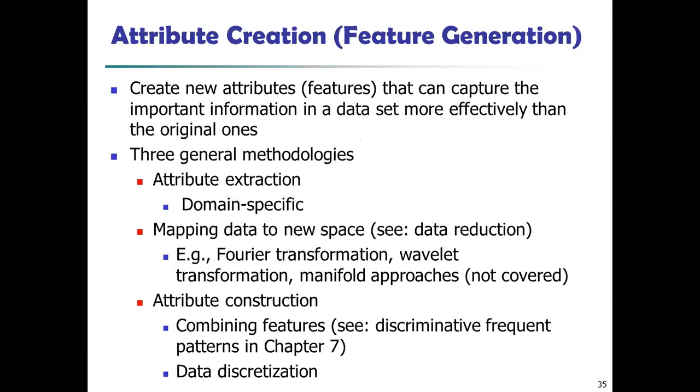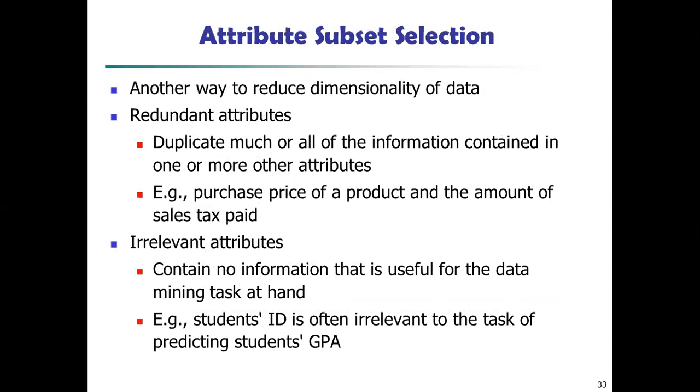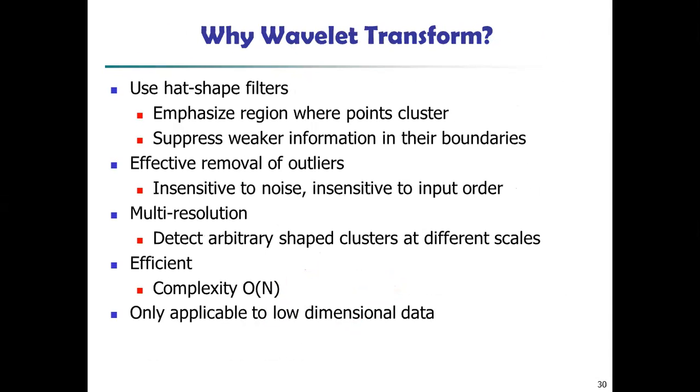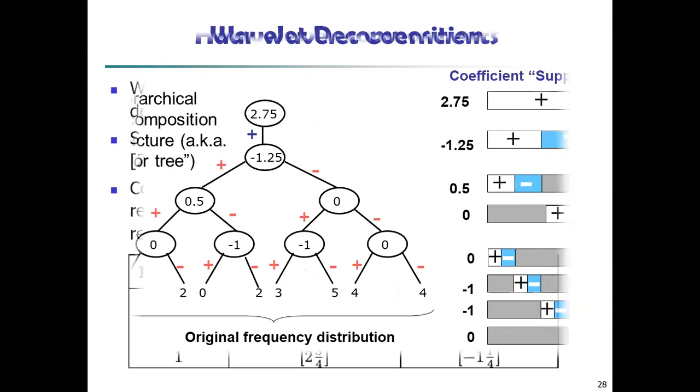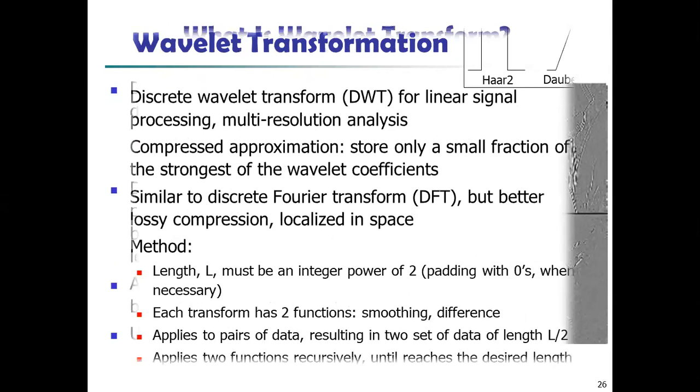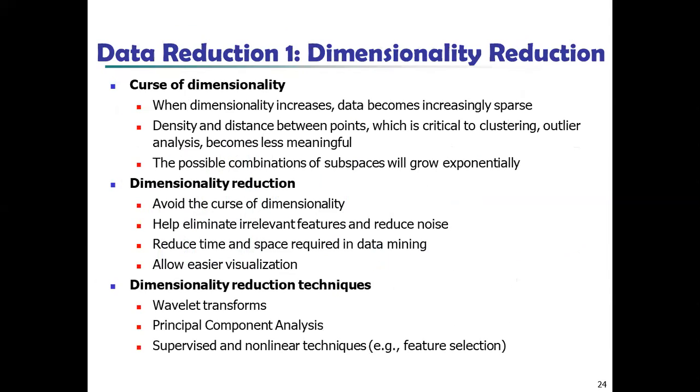These are regarding the dimensionality reduction methods. In dimensionality reduction, mainly you have three methods. One is the wavelet transform, second is principal component analysis, and third is the supervised and nonlinear techniques. That is the feature selection methods.